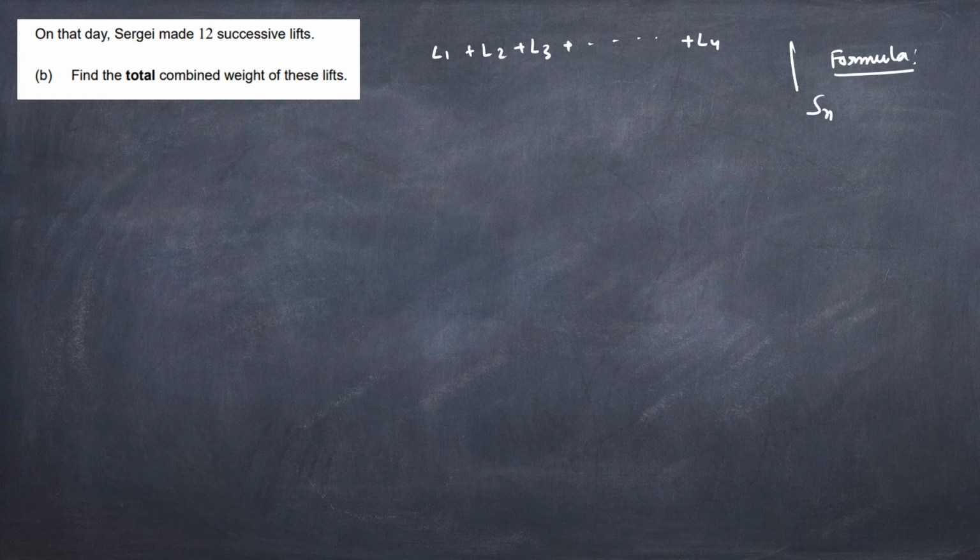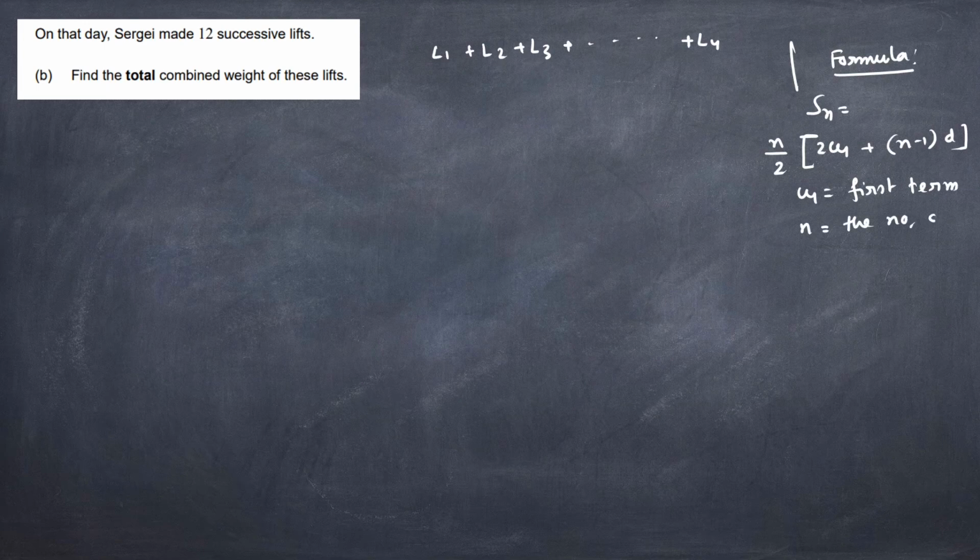Sn, the sum of the terms, equals n by 2 into (2u1 plus (n minus 1) into d). Here u1 is the first term, n is the number of terms, and d is the common difference.